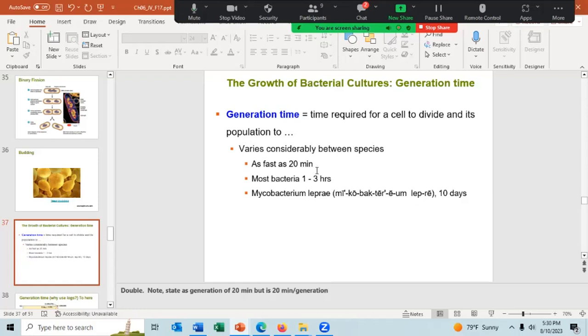Is that clear? Anyone confused on that? Students often have trouble with the generation time. They think they know it, but they don't get the units right. Like I said, it is the time per generation. And E. coli can have a generation time of 20 minutes per generation.